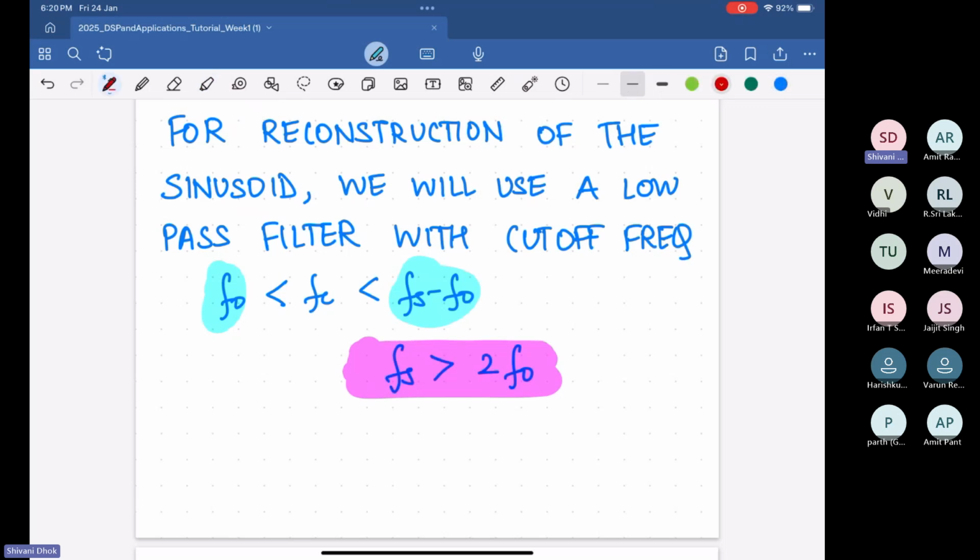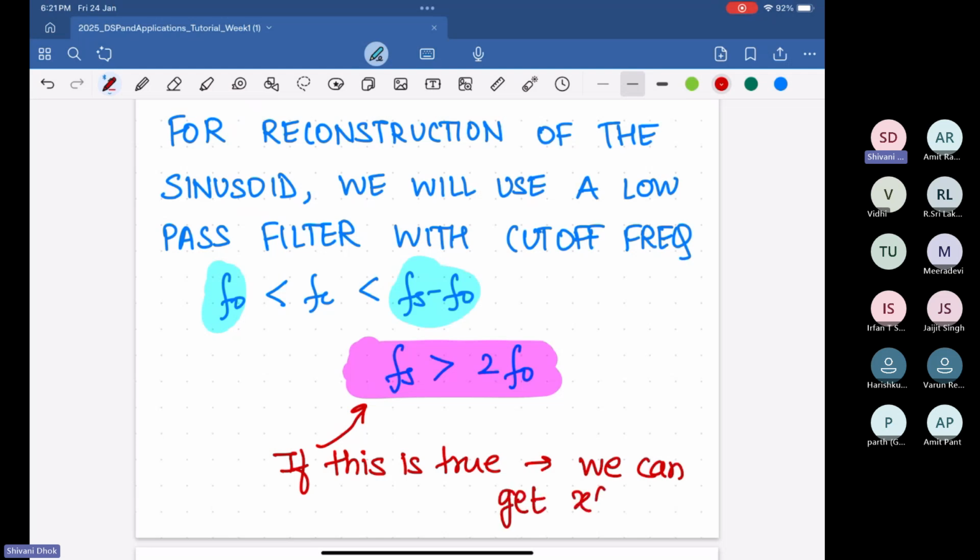So if this is true, we will get proper reconstruction. Or we will get x of t from x of n.